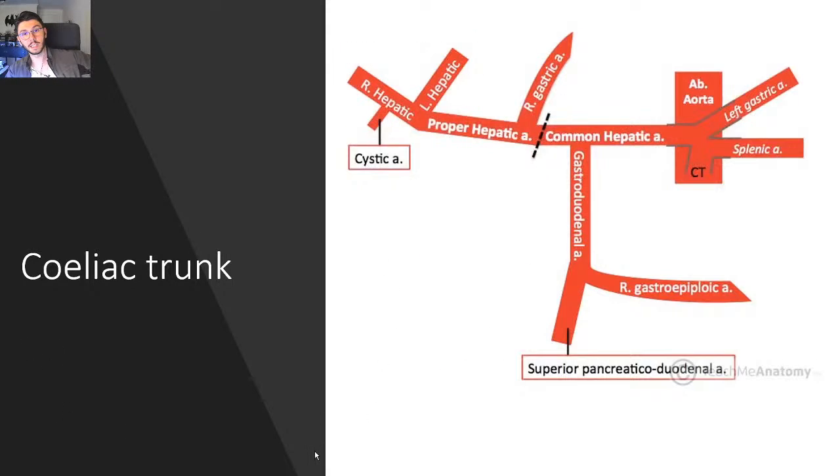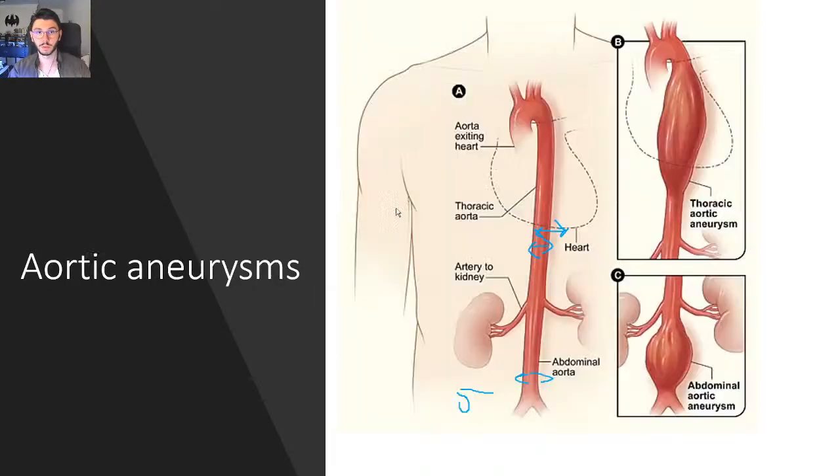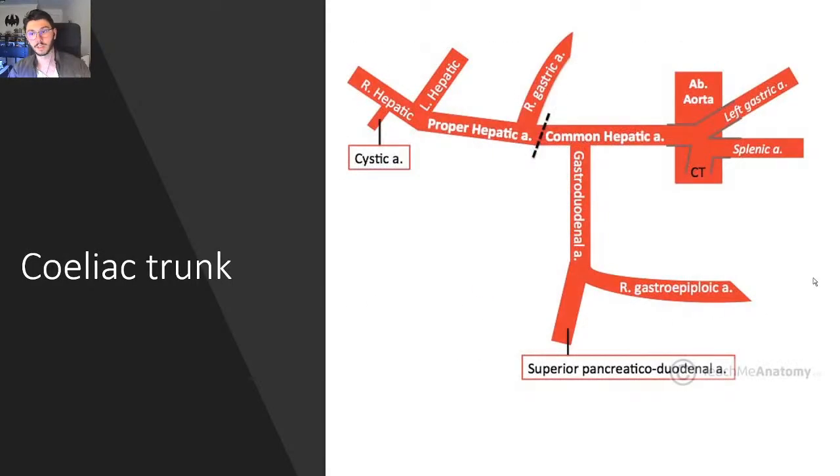Now this is a simplification. The diagram is simplified, and what we see here is common hepatic, gastroduodenal, right gastroepiploic, which goes to the stomach. This one goes to the head of the pancreas. Left gastric artery goes through the top. Oops, sorry about that. Left gastric artery goes through the top. It supplies the esophagus.